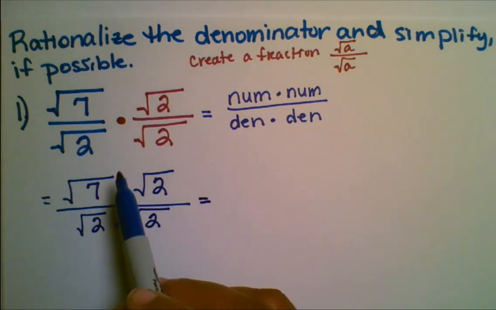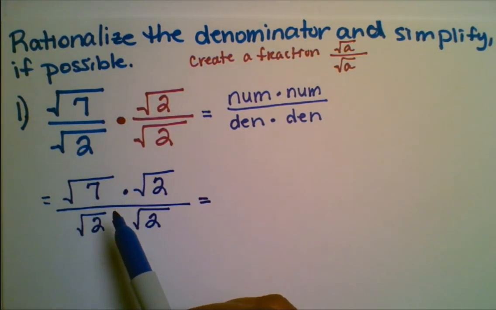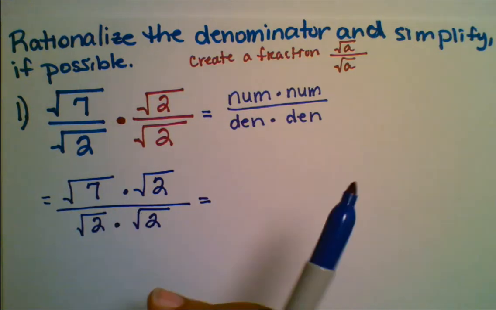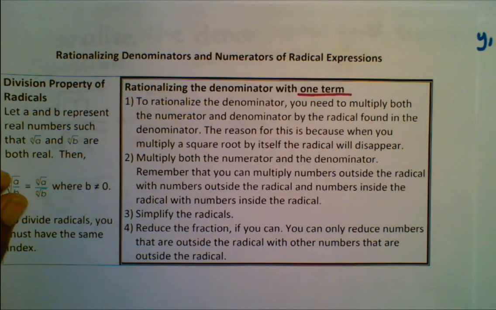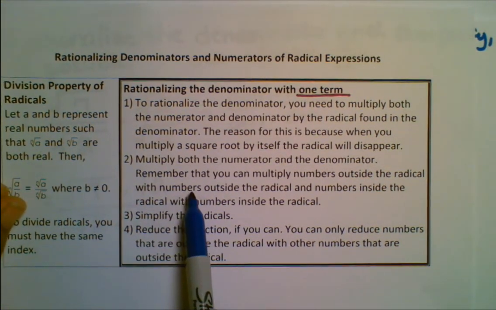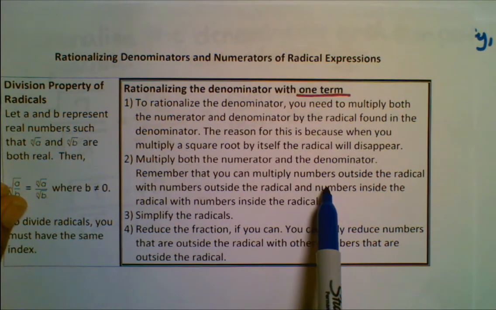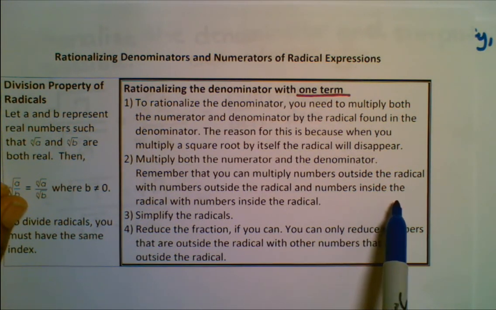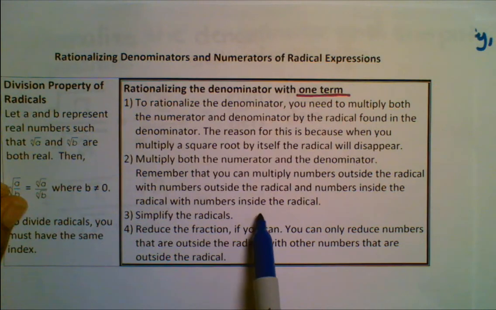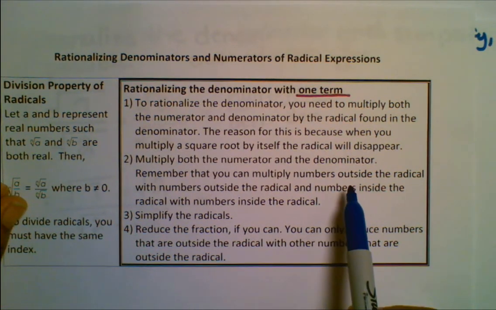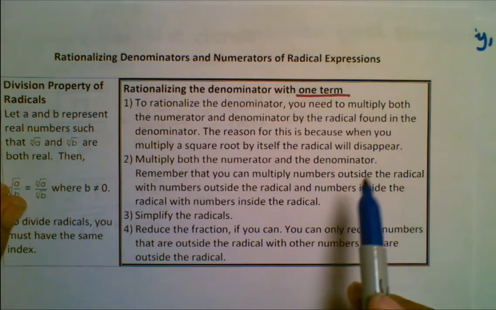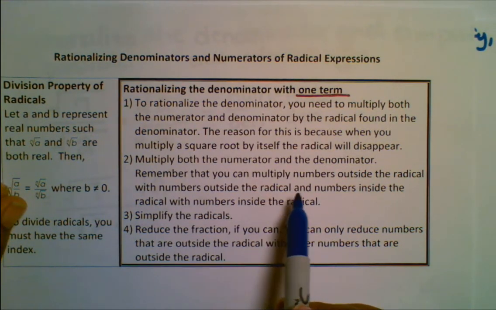Now remember, the rule says, if we go back to number 2, that you can multiply numbers inside the radicals with numbers inside the radicals, and then we can multiply numbers outside the radical with numbers outside the radical. Well, we don't have anything outside just yet.